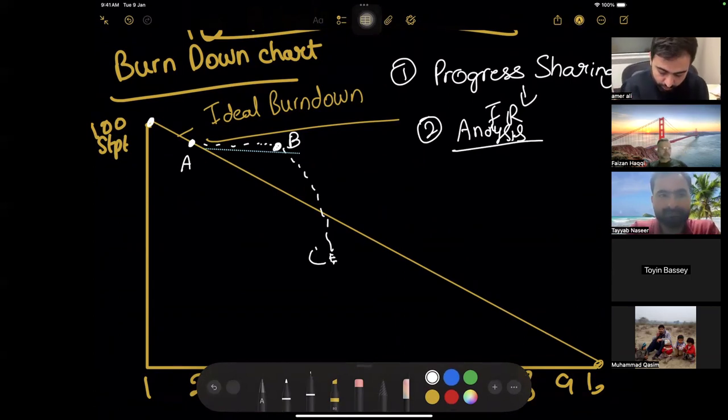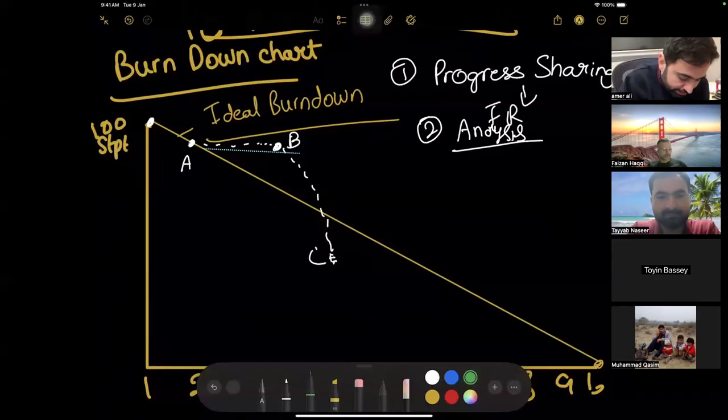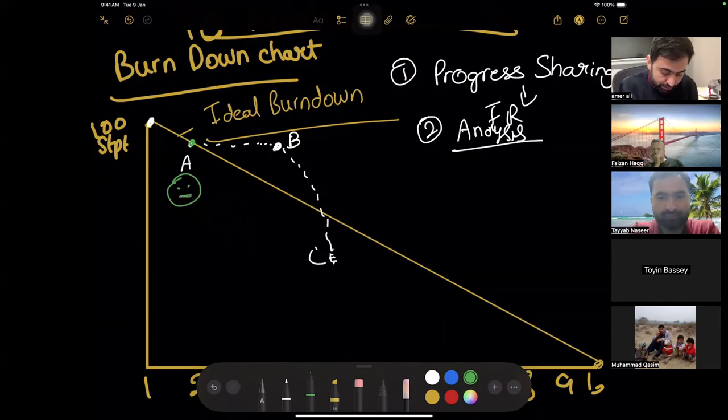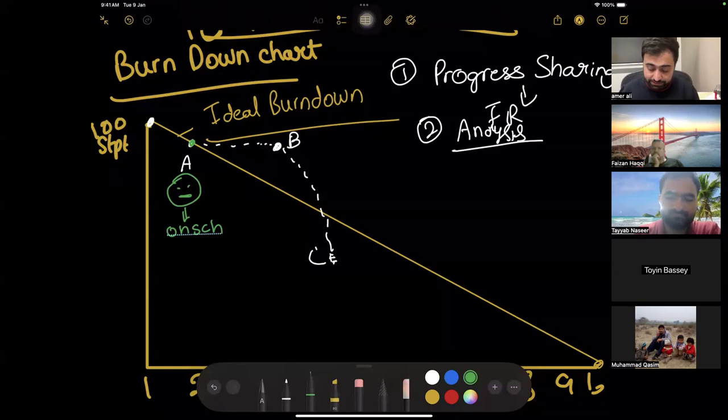So let's go with point A. Since you are on the ideal line, I would say this is on schedule. I will put it with a poker face. On schedule, it's not something to be happy or sad. What about point B? Am I on schedule or behind schedule?